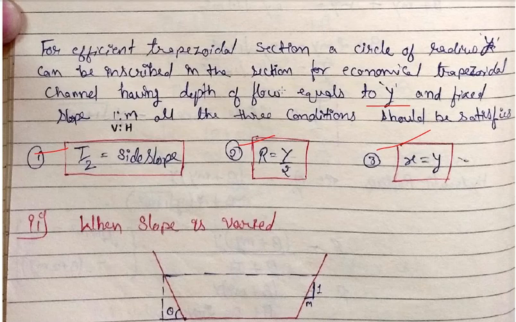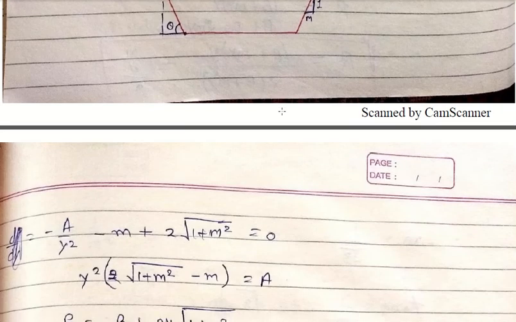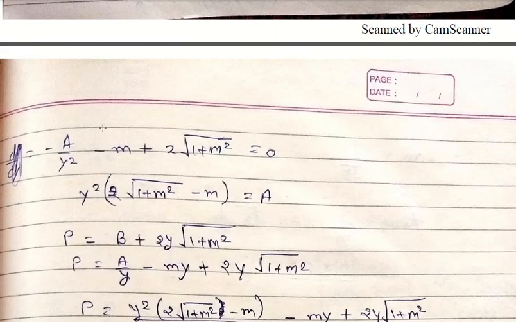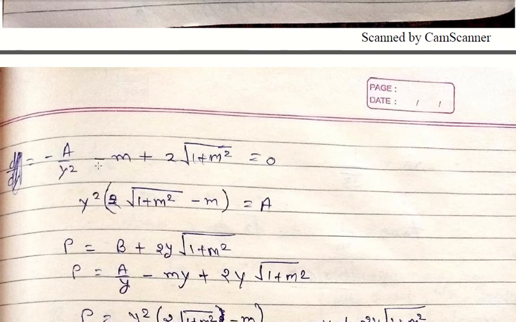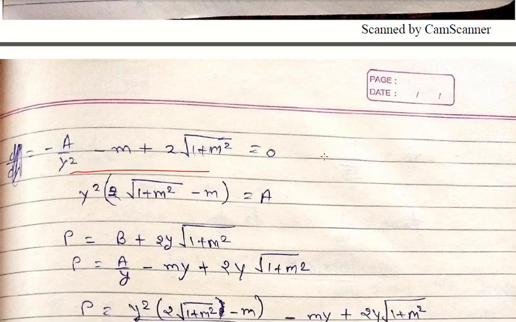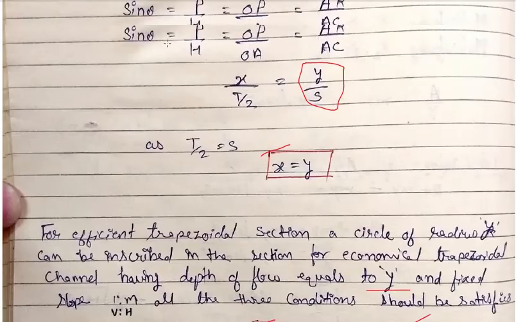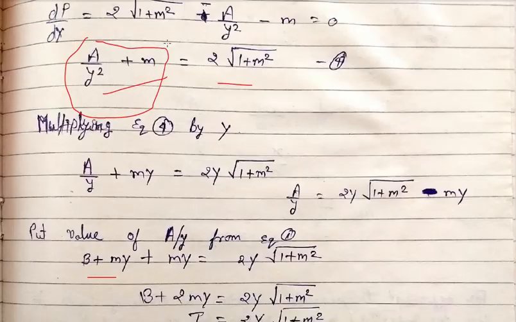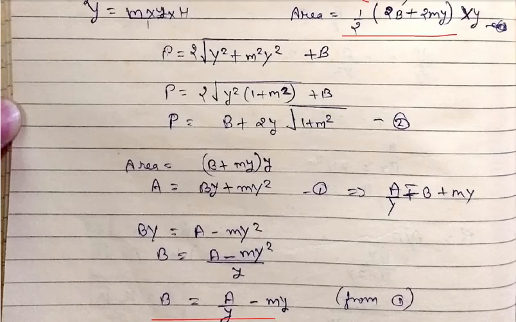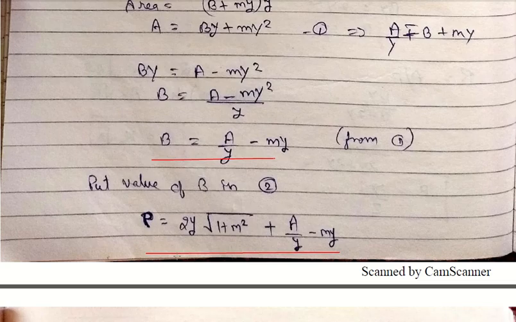So here this is perimeter measured with respect to y. So it will give this equation. Here area equals y square. Here is the perimeter. This perimeter equation in terms of a, we put the a value, b value. So here this is the perimeter, and this perimeter is differentiated with respect to y.